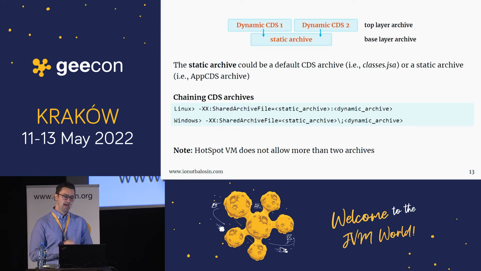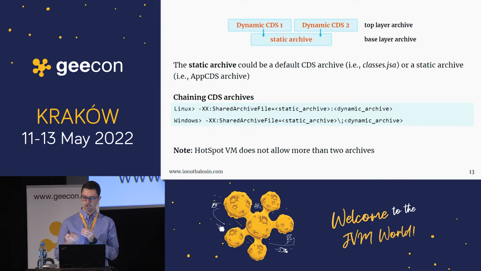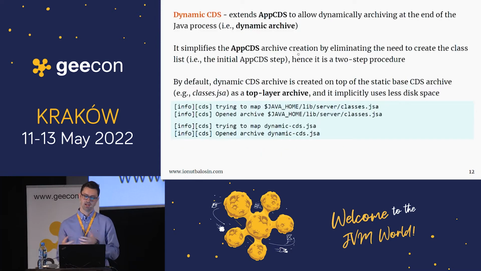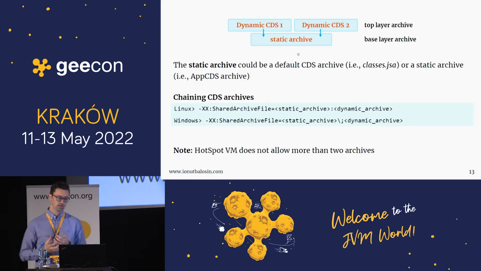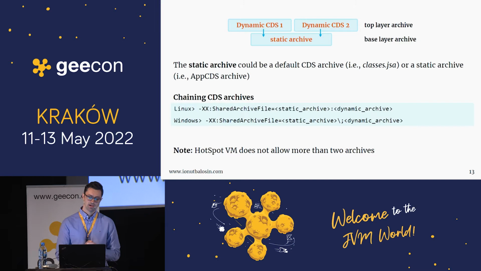And this is the difference. You will also find the dynamic one under the name dynamic, and the other one, App CDS, under the name static. These are just names for historical reasons. It doesn't matter. You can also chain these archives, dynamic and static, as it is written here.